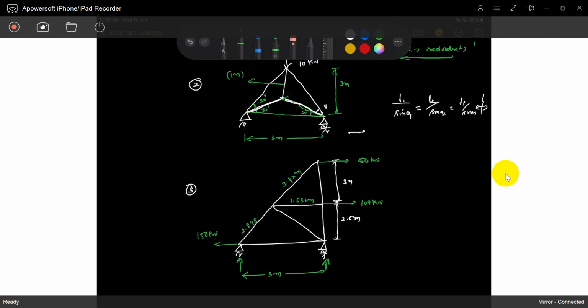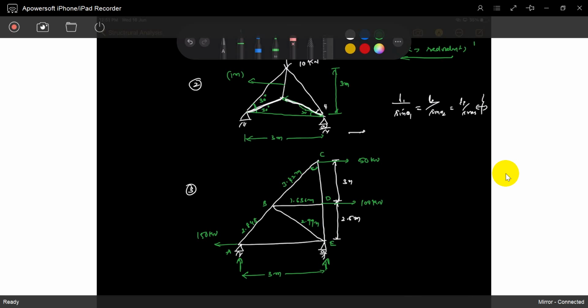Based on that you can find out the angles. So C, D, E, A, this is B. And BE length is 2.99 meters.